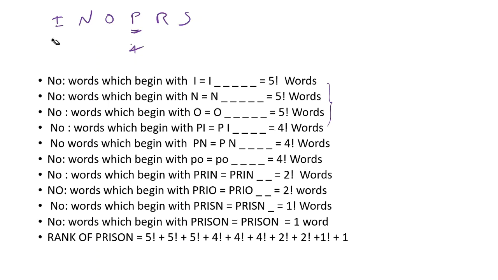I will not write down all the words which begin with PI, PN and PO. I am interested in the words which begin with PR. There are 4 factorial words which begin with PI, 4 factorial words which begin with PN, 4 factorial words which begin with PO. So these things also I have to count.